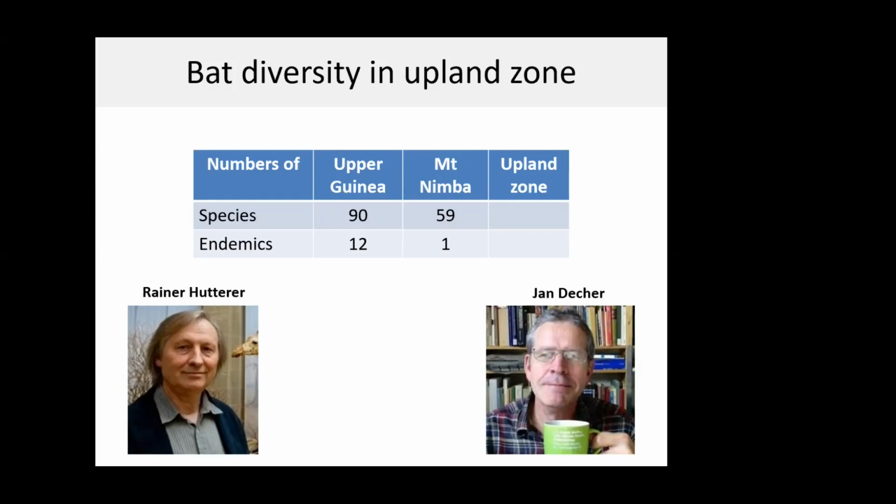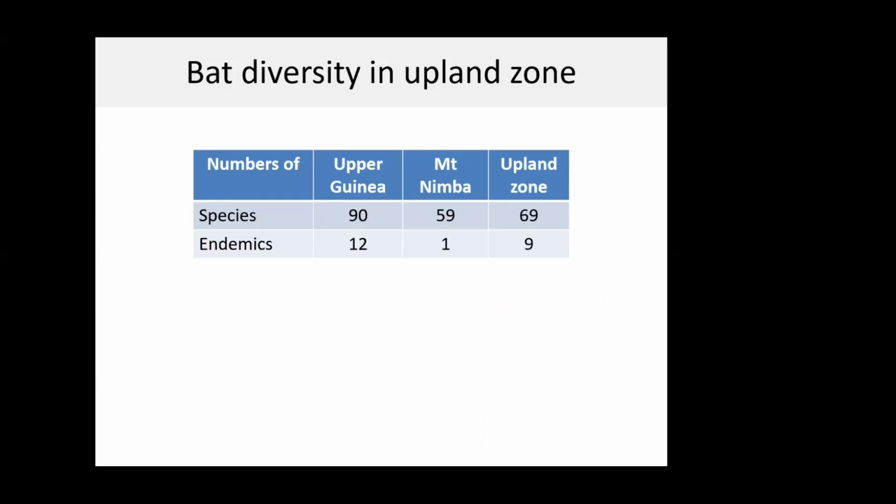But if we group the upland areas together, we get a very different pattern. Almost 70 species of bats out of the 90 that occur in the Upper Guinea region, and more importantly, 9 out of the 12 Upper Guinea endemics are in fact endemic to that strict upland zone that I showed earlier.